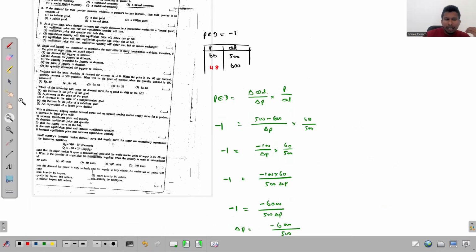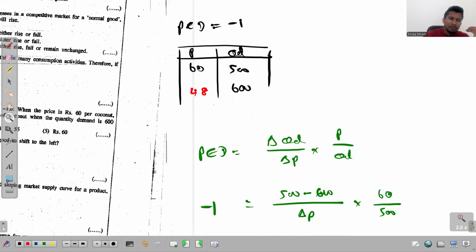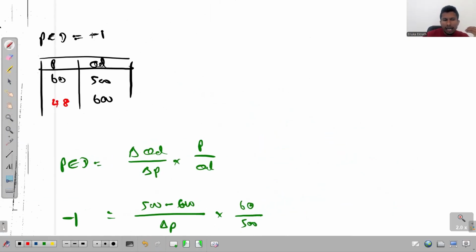See, as I mentioned earlier, in this given scenario, PED is -1, and if it is -1, it indicates a situation where we have a unitary elastic demand for this given product. And if the demand is unitary elastic, one main thing that should happen here is, in both situations, the consumer expenditure should remain constant.